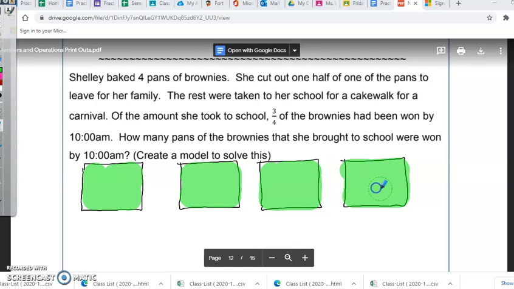So we have 4 pans of brownies. She cut 1/2 of one of the pans to leave for her family. So we're going to say this part here, she's leaving for her family. So this is not going to be taken to the carnival.